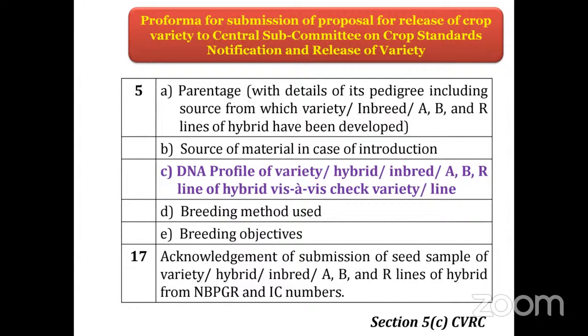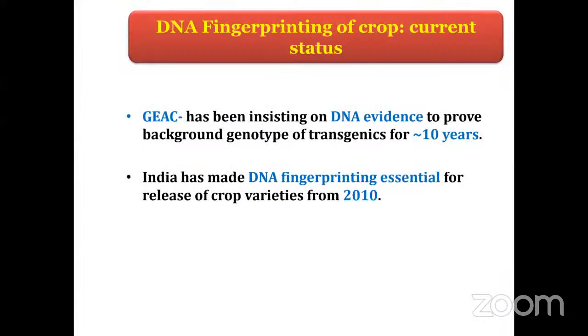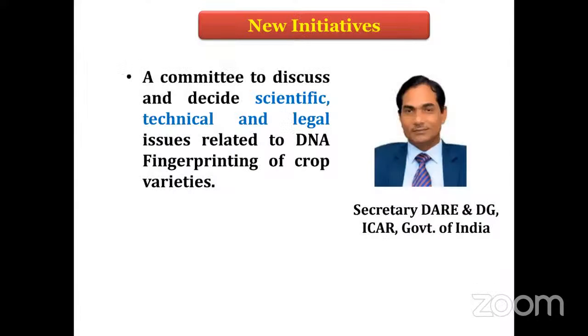We have to give the unique DNA fingerprint of that variety or hybrid, showing how it differs from existing cultivars. You have to give that DNA profile in this form, and only then is your variety registered and approved for commercialization under the PPV-FRA.